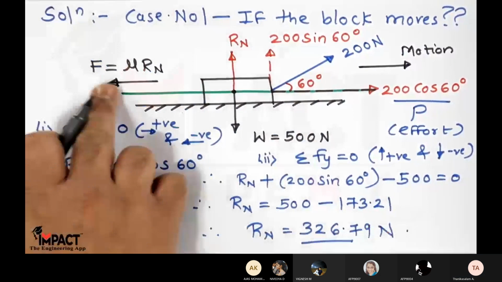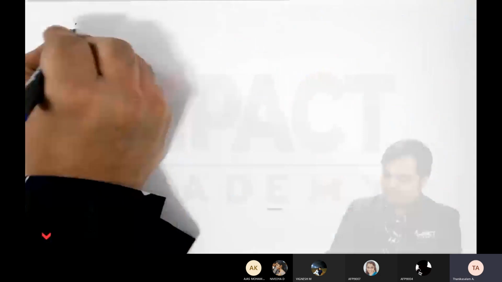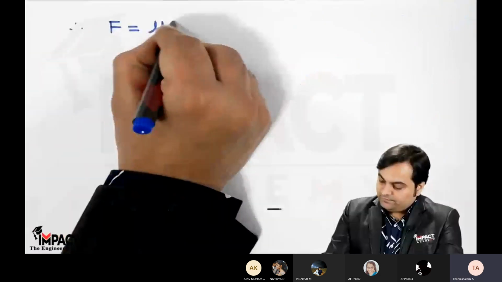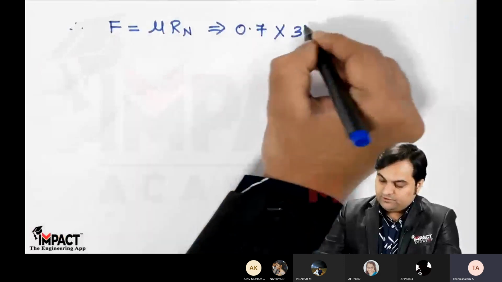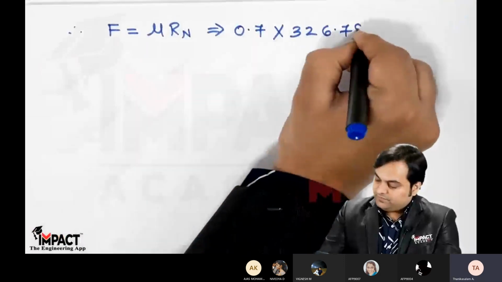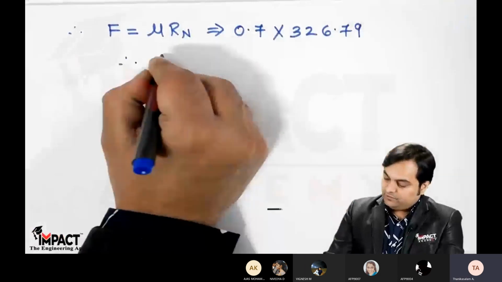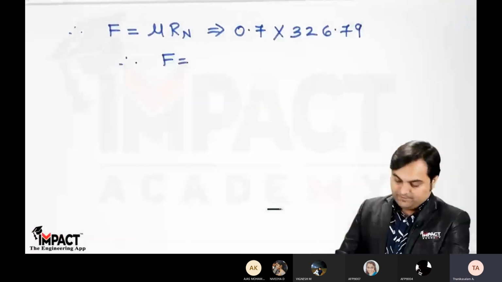Then I'm going to find the friction force. The friction force F is equal to mu Rn. Mu is given as 0.7 and the Rn value is 326.79. So the friction force comes out to be 228.76 Newton.